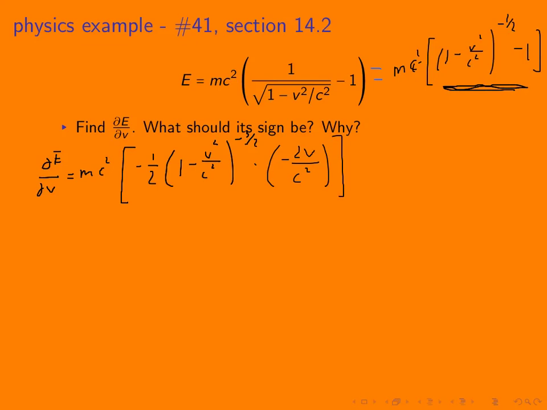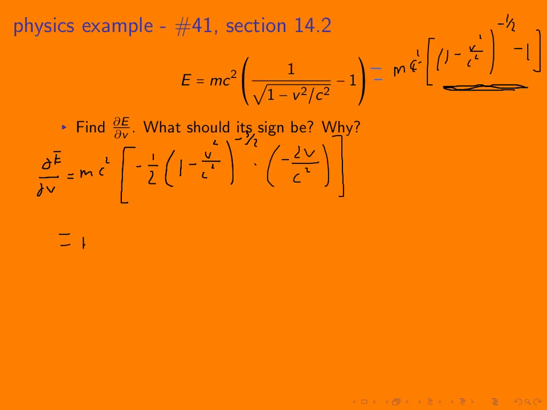Okay, so let's clean it up just a little bit, but not too much is necessary. Notice that there's a minus 1/2 times minus 2, so that's 1. And then there's a c squared divided by c squared, so that's 1, and that also goes away. So let's see what's left.